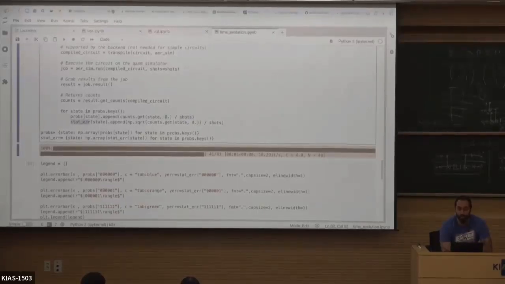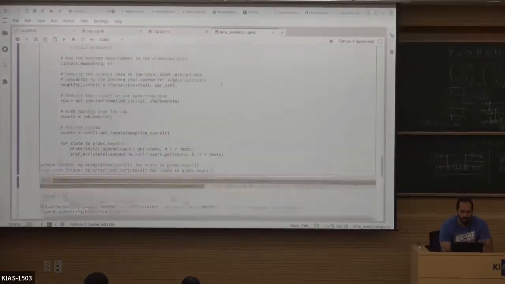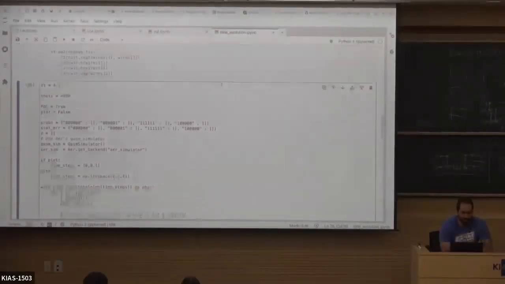And then I'm calculating the statistical error of this occurrence, because I have a limited number of shots, so I'm not going to get the perfect results. So there's going to be a statistical error. If you increase the number of shots, of course, this statistical error should shrink. Okay, let's run this. It will probably take a while to run.